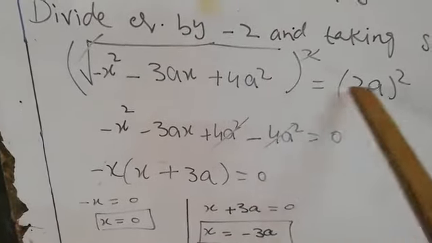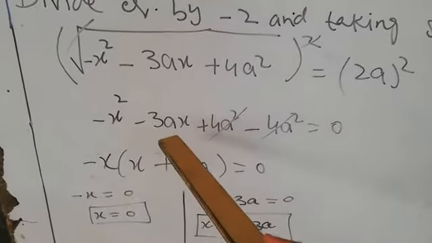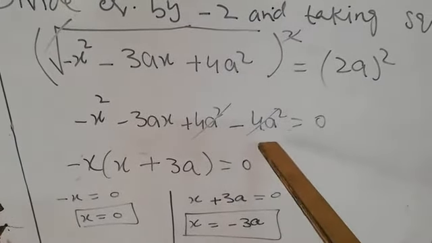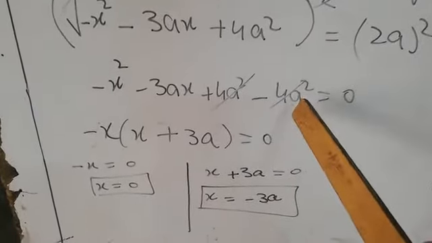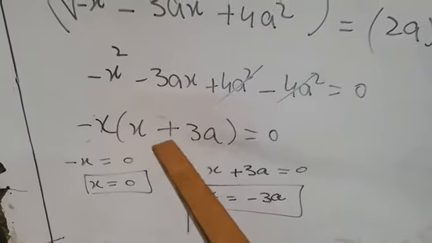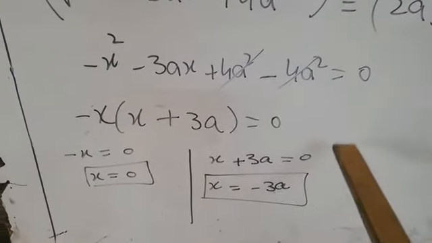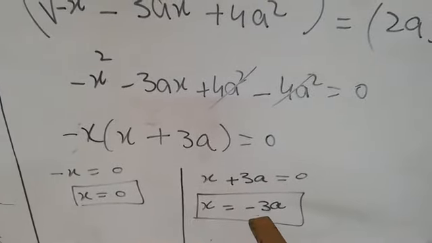Remove the radical sign, the square root, with the square, and then we find minus x square minus 3ax plus 4a square minus 4a square is equal to 0. 4a square minus 4a square will be cancelled and we will take minus x as common. So minus x into (x plus 3a) is equal to 0. From this we will get two values: x is equal to 0 and x is equal to minus 3a.